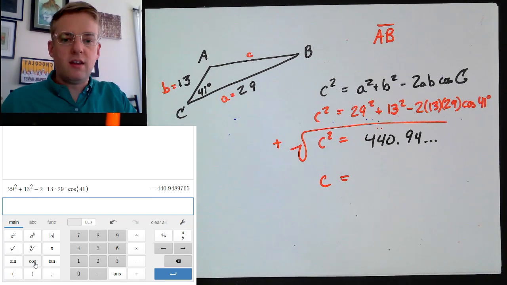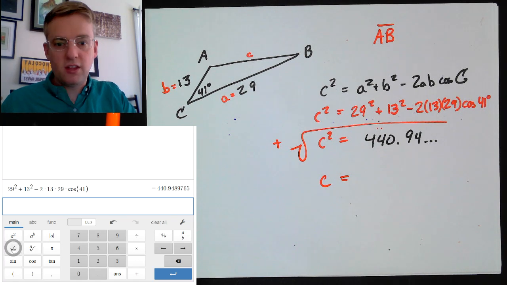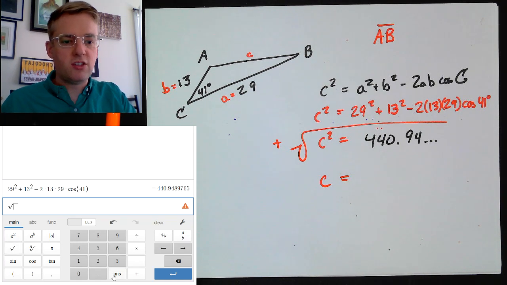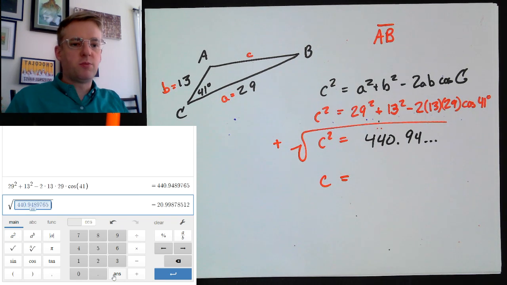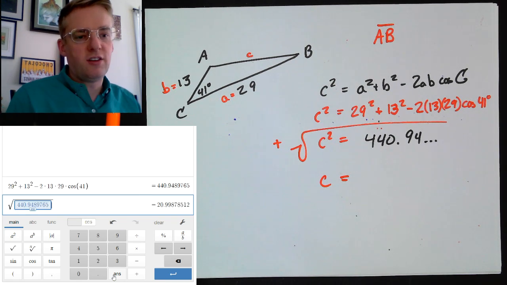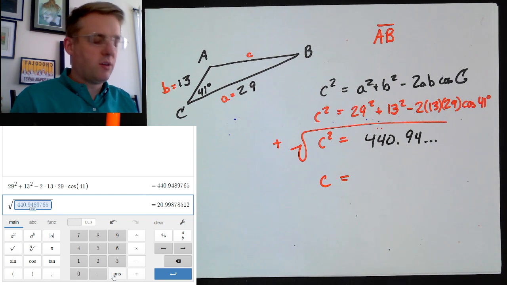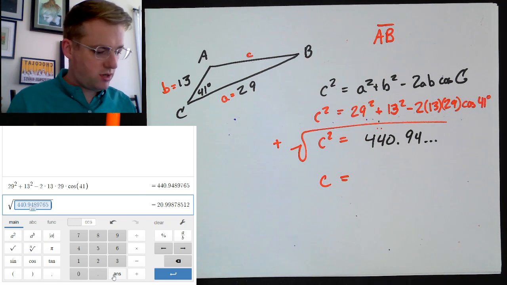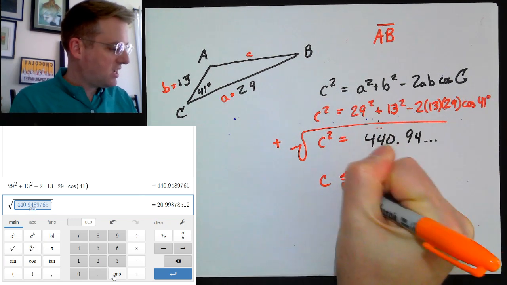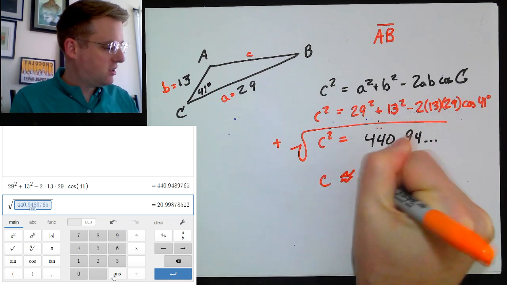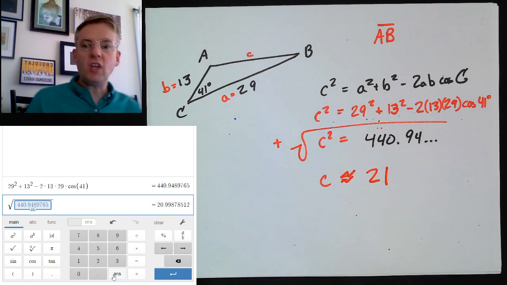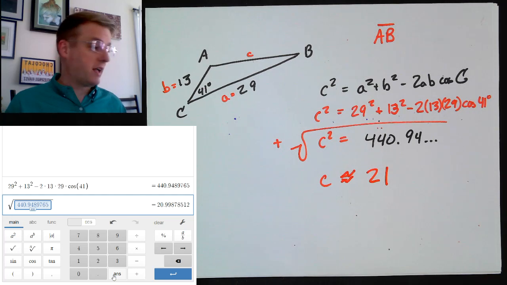To do that on Desmos, just hit the square root, and then remember the answer button down under the 3. We'll fill it in with as much precision as we can get, and good, that one gave us something that rounds neatly to 21.0. So approximately 21. And that's how all of these work out.